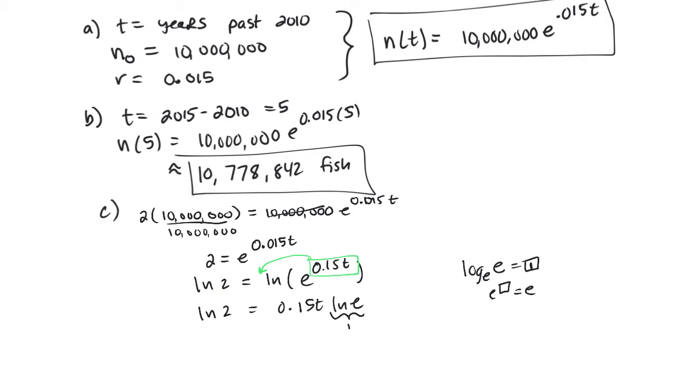So then the ln of 2 is equal to 0.015t, and dividing both sides by 0.015, the t is approximately 46.2 years to double.